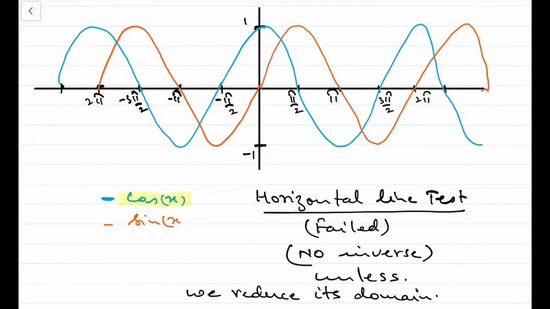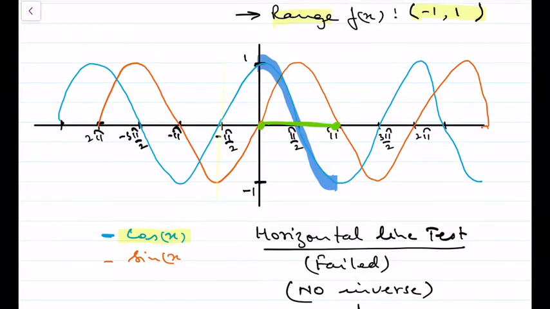So now let's restrict the domain of cos x to 0 to pi. If we just take this curve segment of cos x, then within this interval the graph passes the horizontal line test.